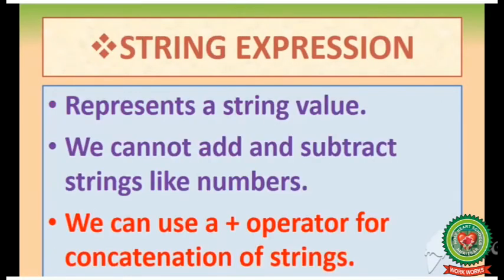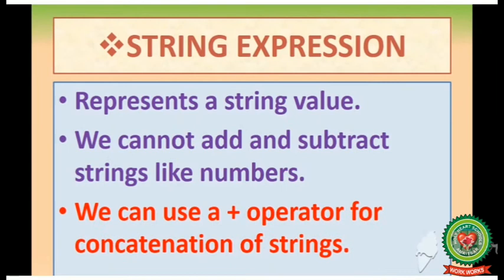Now we will discuss the next one, that is string expression. It represents a string value, that is a combination of characters. We cannot add and subtract strings like numbers. Means we cannot add them or subtract them as we perform on integer values.